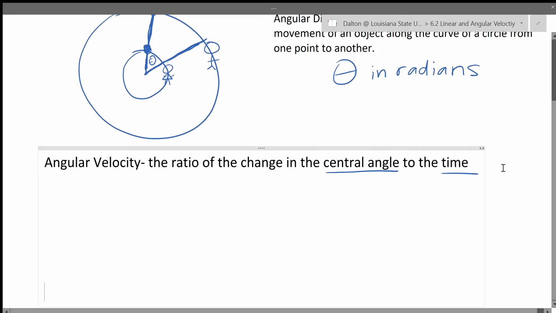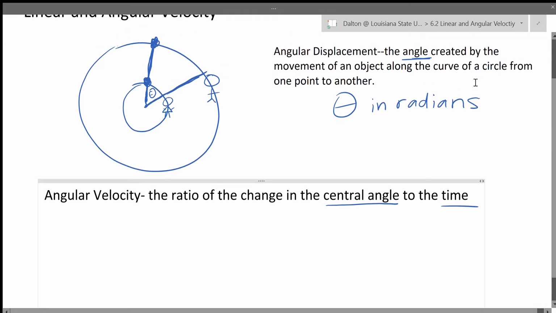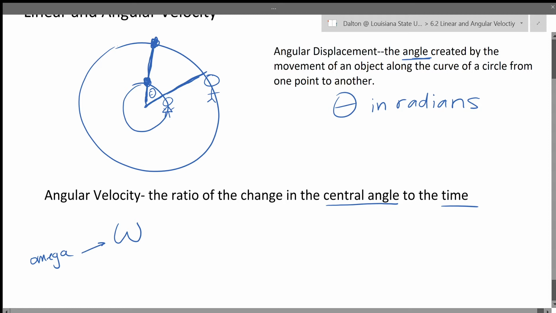Okay, so now there's a formula for angular velocity. We use the lowercase Greek letter omega. That stands for angular velocity, which I'm okay with you abbreviating as AV. Angular velocity is equal to the ratio of the change in the central angle.